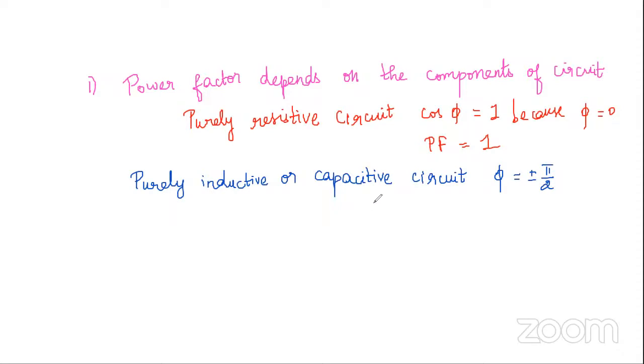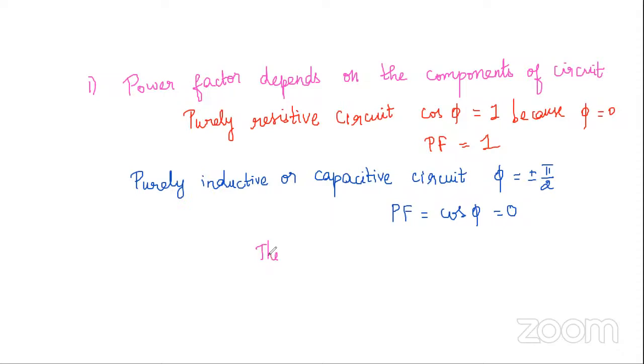So what will happen to power factor? Power factor equal to cos phi equal to 0. Your power factor will be 0. So now from this you can understand that power factor depends on the value of phi. So the value of power factor can lie between 0 and 1, right?